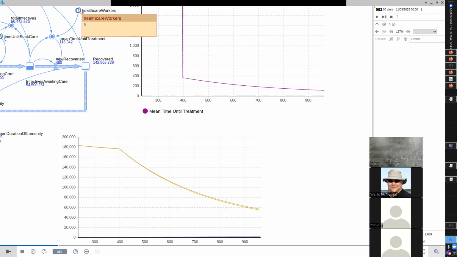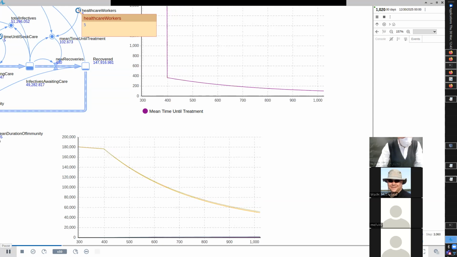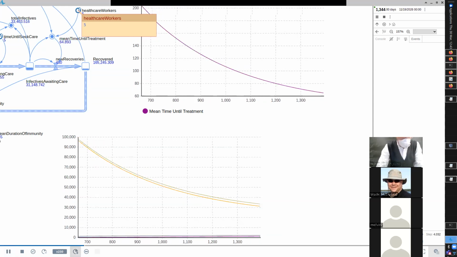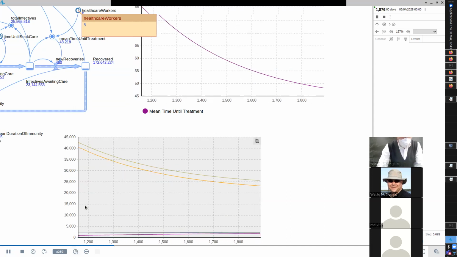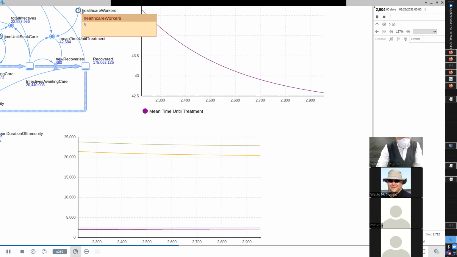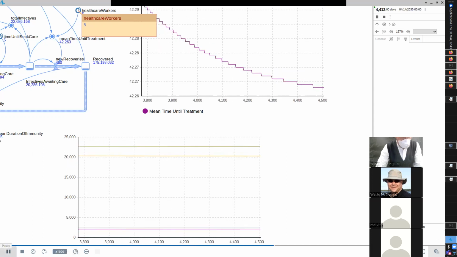Okay, and this lowers the prevalence. Increasing the number of healthcare workers lowers the number of people that remain infected to a far smaller value, right?